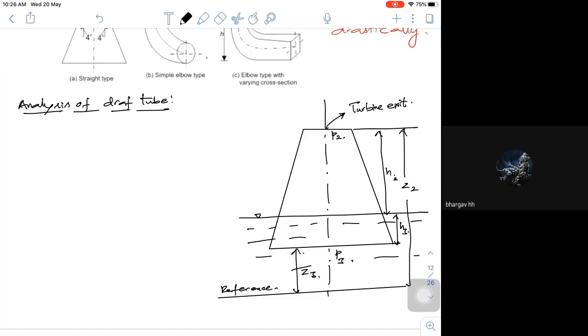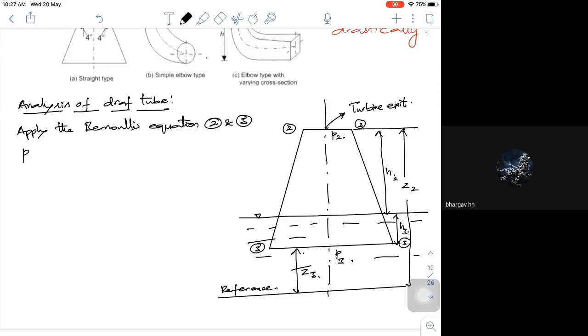Okay, let's apply the Bernoulli's equation between 2 and 3. So this is my 2 and this is my 3. What is the pressure?